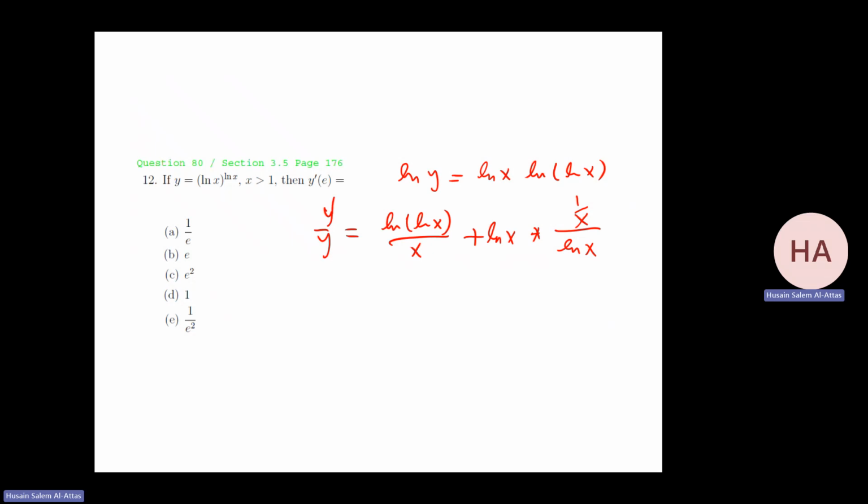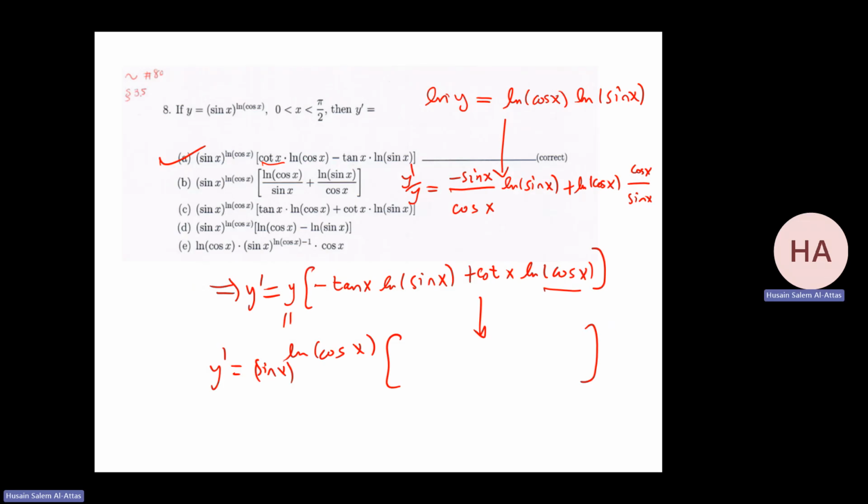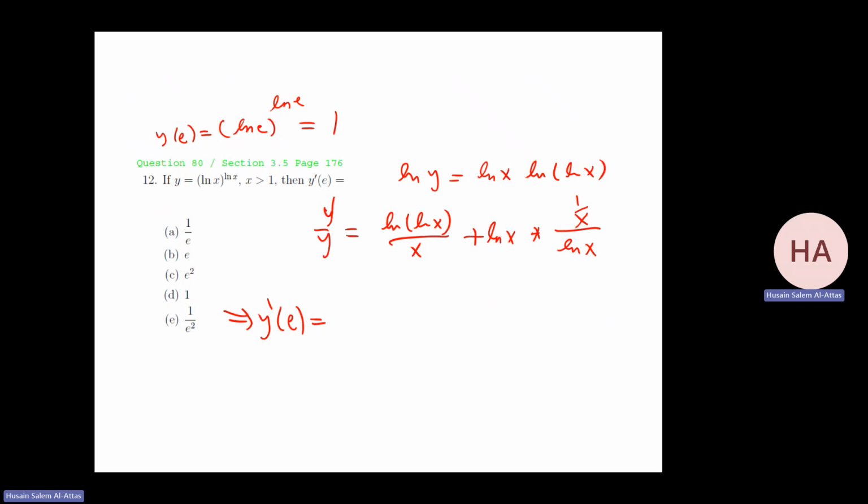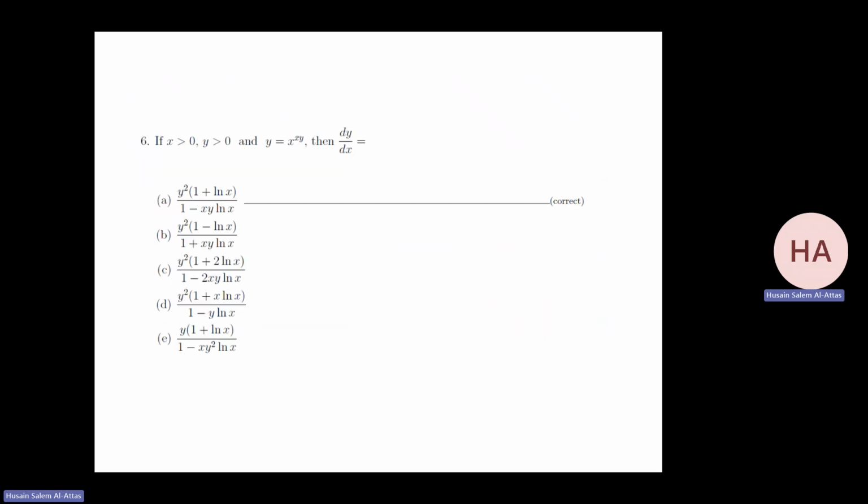Now, y at a will be ln a to the power ln a, 1 to the power 1, which is 1. So y prime at a equals y at a, which is 1, times ln of ln a over a. This is cancelled, plus 1 over a. Ln a is 1. Ln 1 is 0. So the answer is 1 over a. That will be the answer.